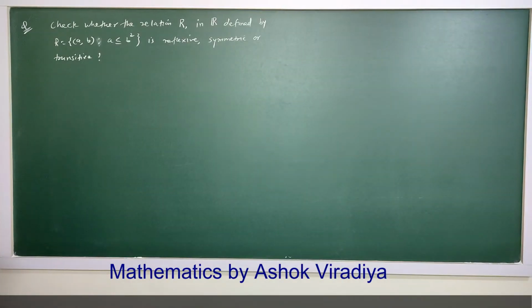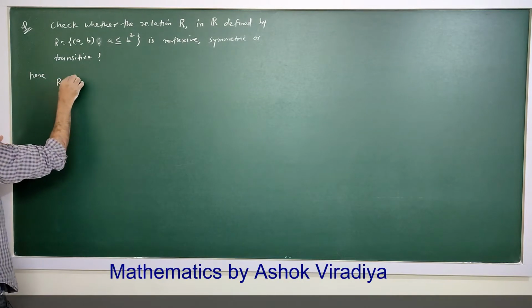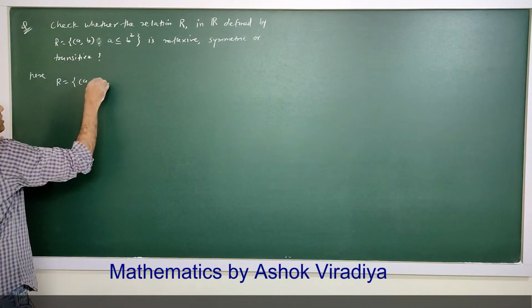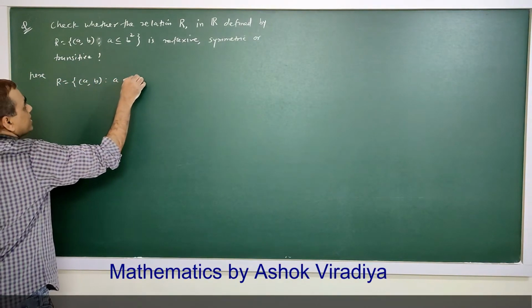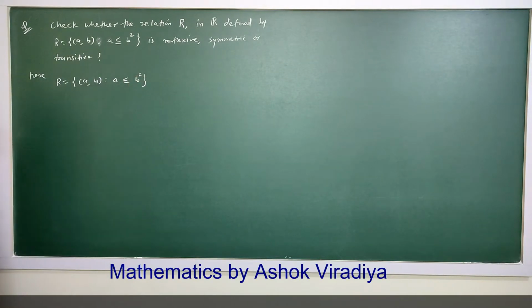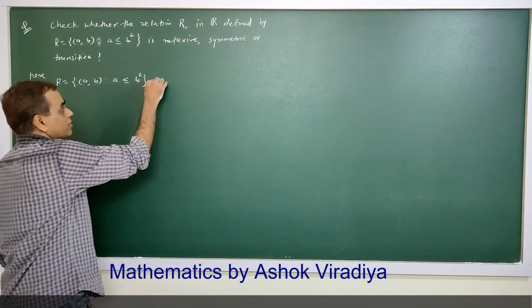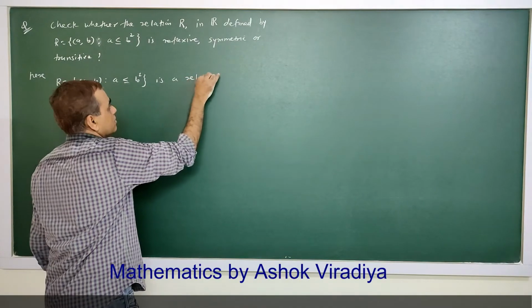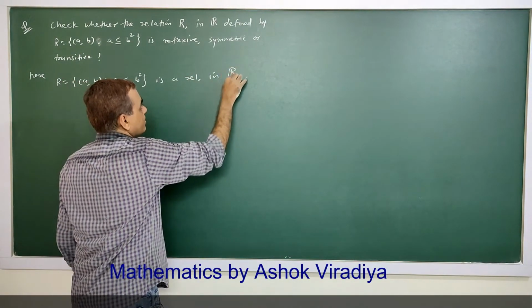Now here, this is a relation. The relation is the set of all AB such that A is less than or equal to B square. It is a relation in the set of real numbers.